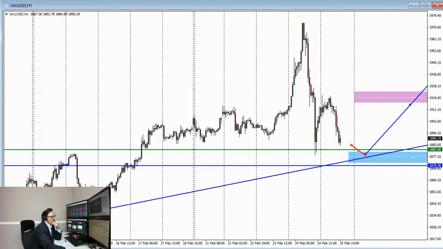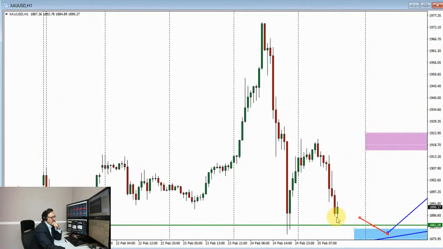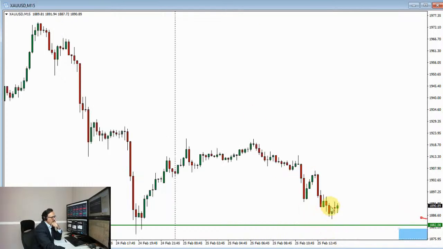So red, and this hourly candle will only be finished in about 18 minutes' time. This is the 15-minute. There is that little bullish hammer again. It's more speculative. I would like to buy lower.